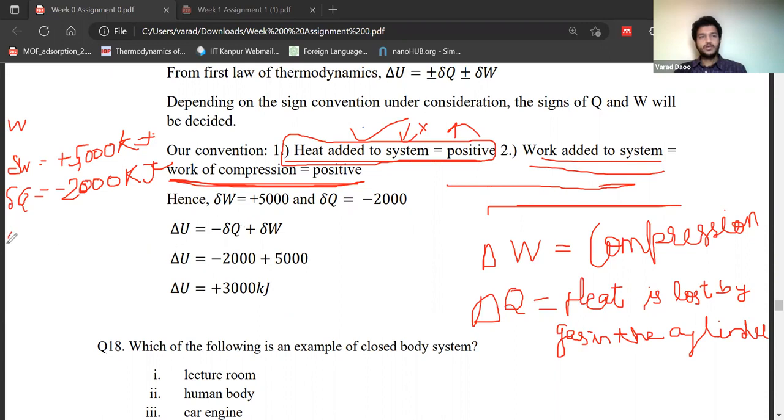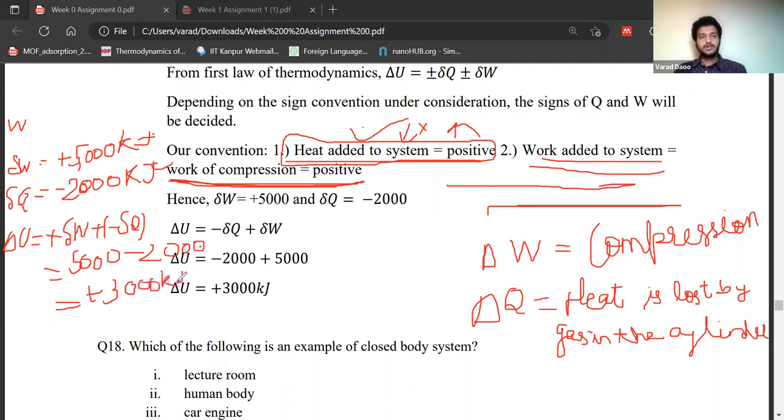So now we put it: delta U is equal to plus delta W, and then plus of minus delta Q, right? That means it is 5000 minus 2000, which is plus 3000 kilojoule, right?